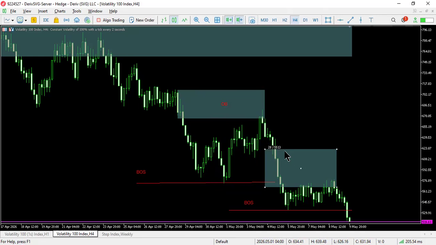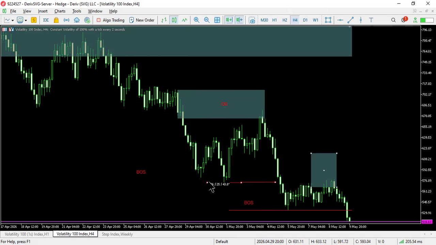And then we also have this break of structure right there. We have that break of structure, the general break of structure, and then we have an internal break of structure right there.